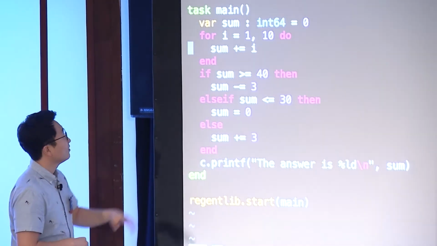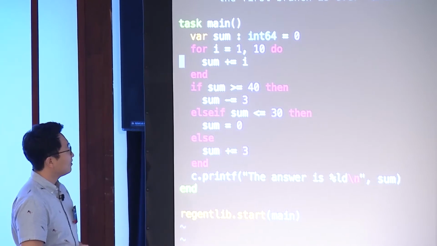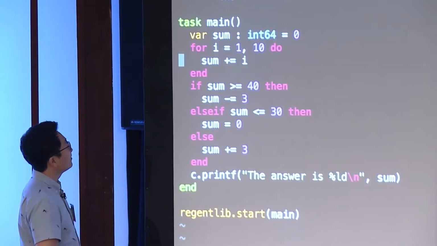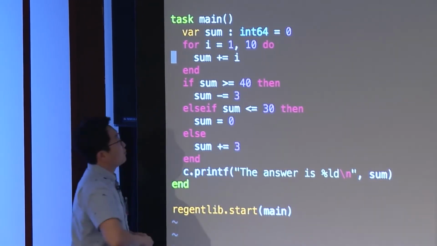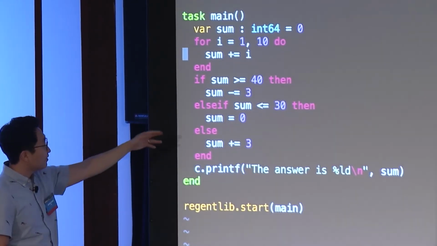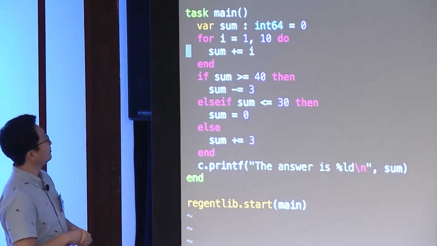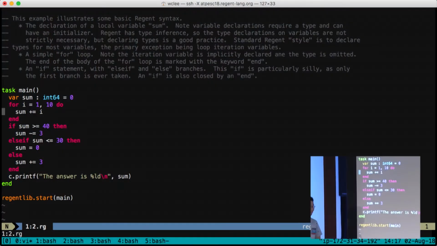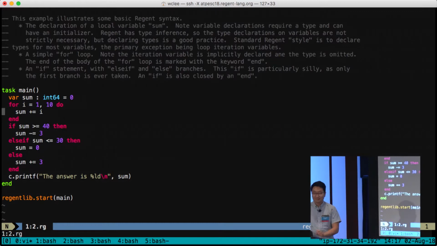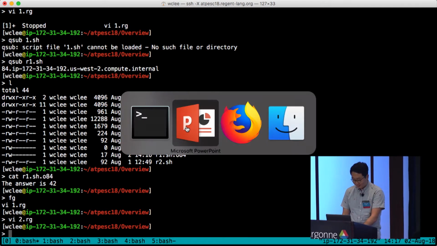And here, the syntax is pretty standard, I would say. So you have a block surrounded by do and end, and if else is traditional, right? And what this program does is to add up from 1 to 10 and print the result here. Okay? So far, so good, right? Okay, move on.